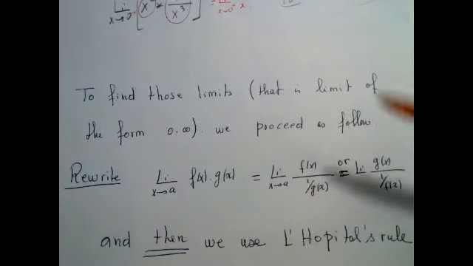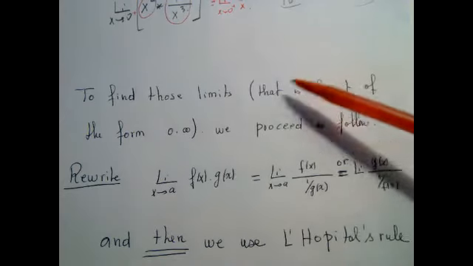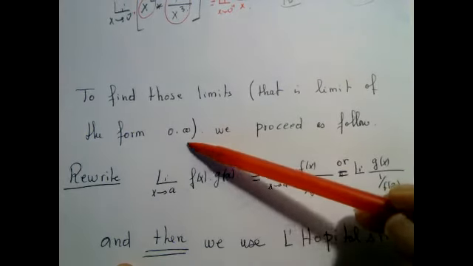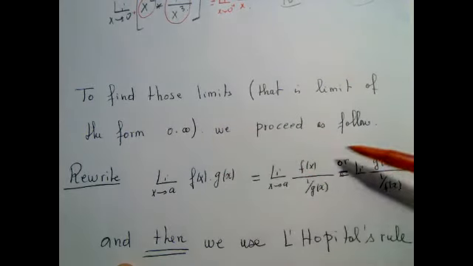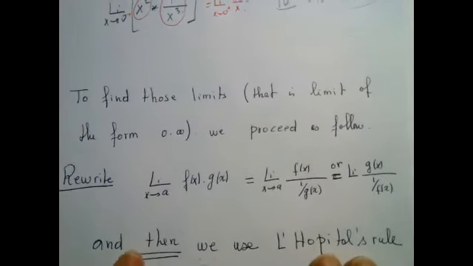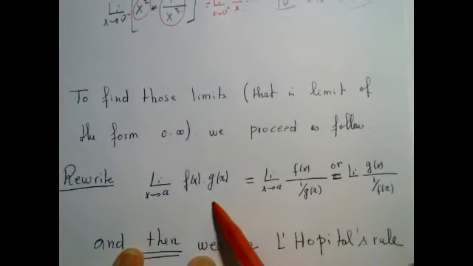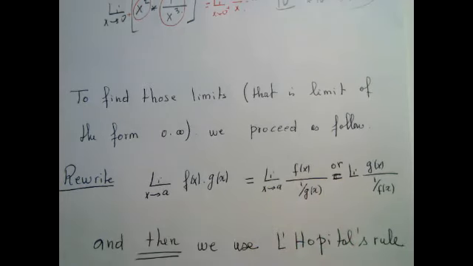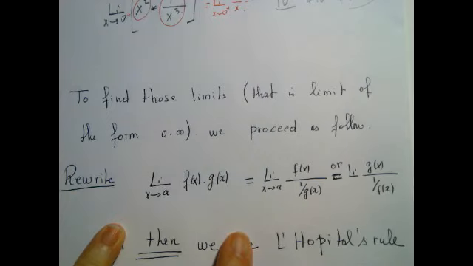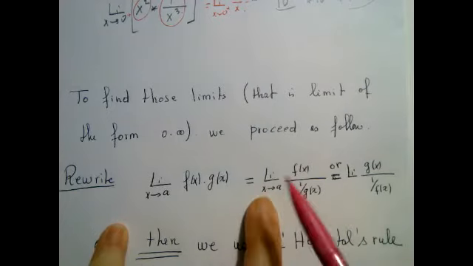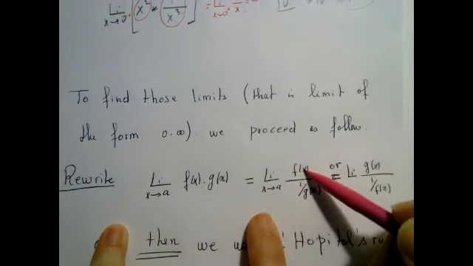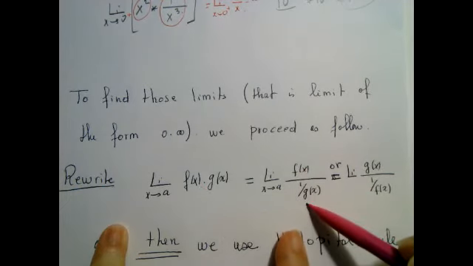To find those limits, meaning limits of the form 0 times infinity, we're going to proceed as follows. We're going to rewrite the expression. So I take f times g. I'm not going to change it, I'm rewriting. We're going to write it as f over 1 over g.